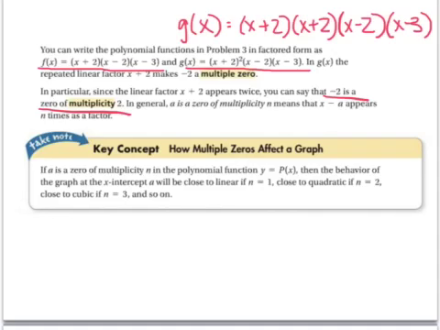If your multiplicity is 2, it acts as a quadratic. If your multiplicity is 3, it acts as a cubic, and so on. Remember, linear functions are lines, quadratic functions are parabolas, and cubic functions are what we've been dealing with. That is kind of like a curve and a swerve from negative to positive infinity.